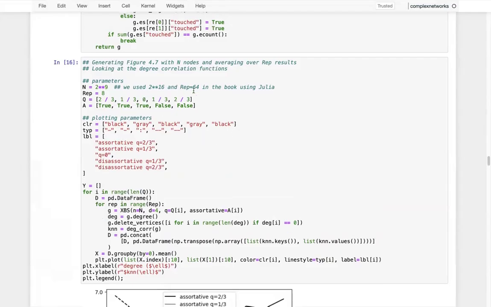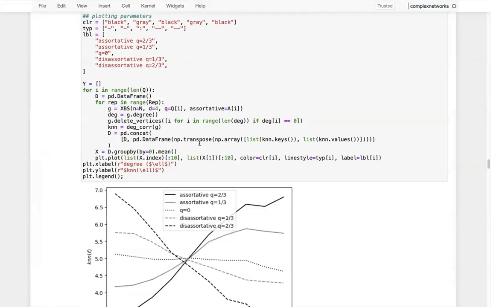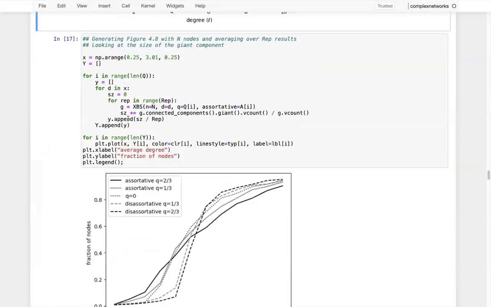So for the book, we've used a faster version of this code coded up in the Julia notebook. And one of the effects of assortativity is that having a positively or negatively assortative graph can affect the way that information is spread, right? So, for example, if you have strong positive assortativity, it could be the case that information will spread faster because you will build a backbone subnetwork of your graph very quickly with the high degree nodes.